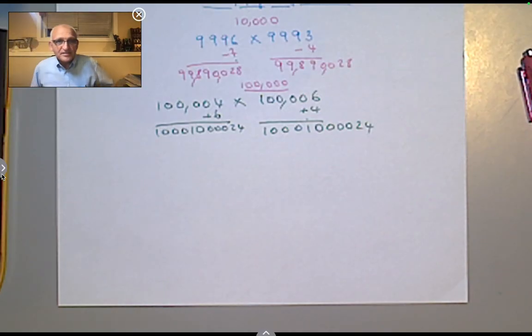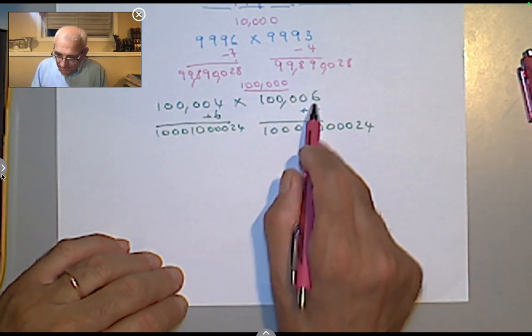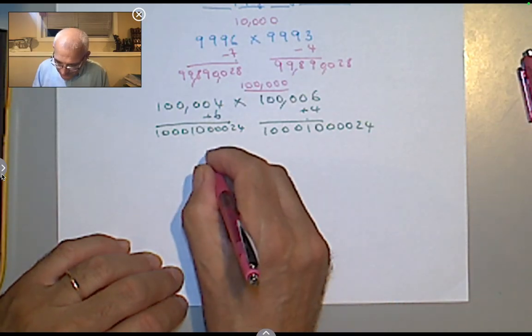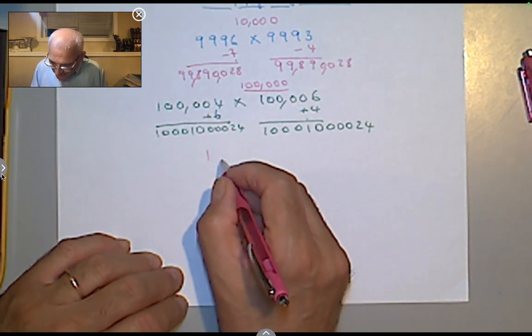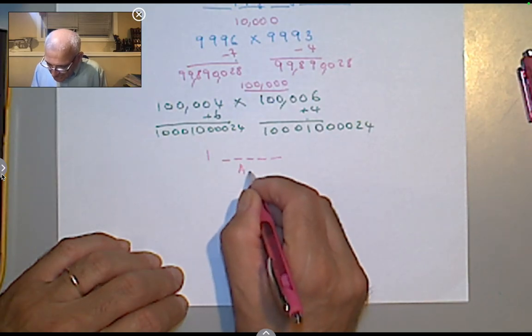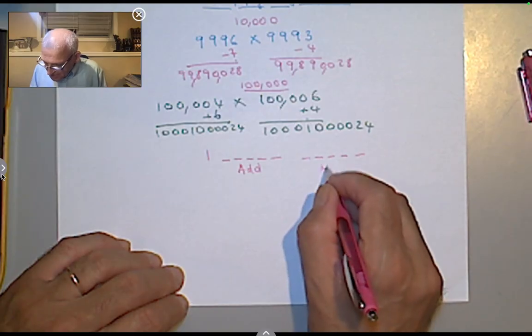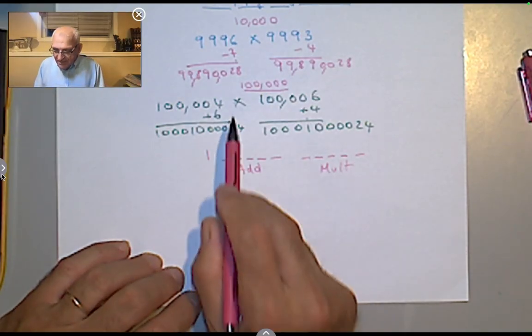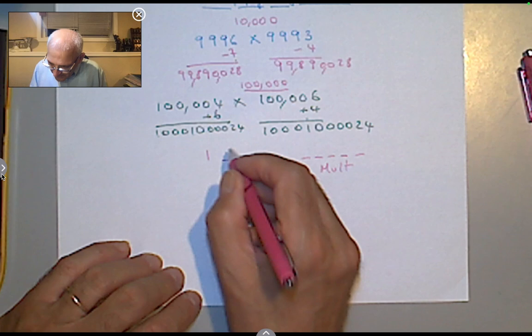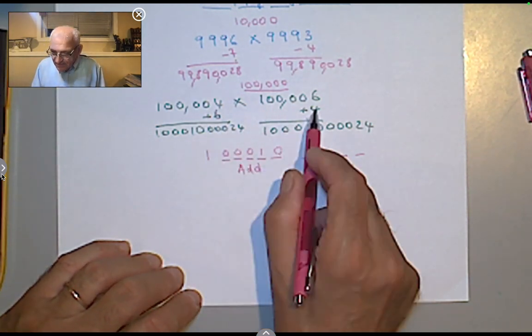Another way to do it is like we did in the squares, is to say, well, this number starts with 1. Then you have 5 spaces, so you're going to leave 5 spaces for addition and 5 spaces for multiplication, exactly the same. And you say 6 plus 4 is 10. I'm going to write it 0, 0, 0, 10. 6 times 4 is 24.